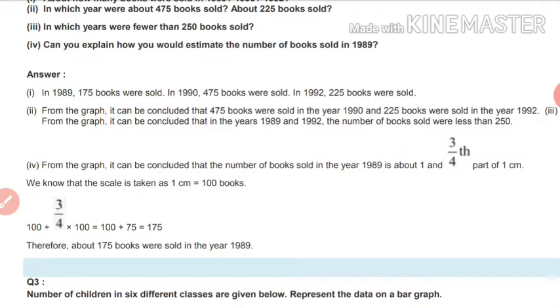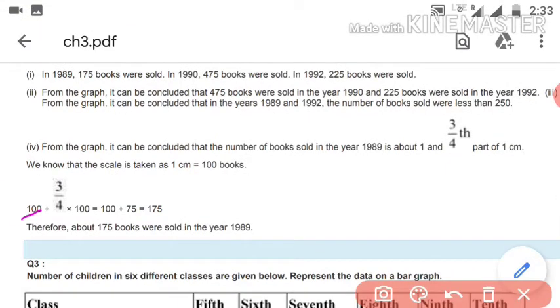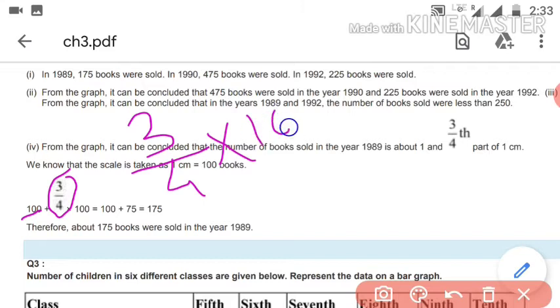We know that the scale is taken as 1 centimeter is equal to 100 books, because from the graph we can see 1 centimeter means how many books? 100 books. So 1 centimeter will be equal to 100, isn't it? Now 3 upon 4 of 100 means 3 upon 4 multiplied with 100.